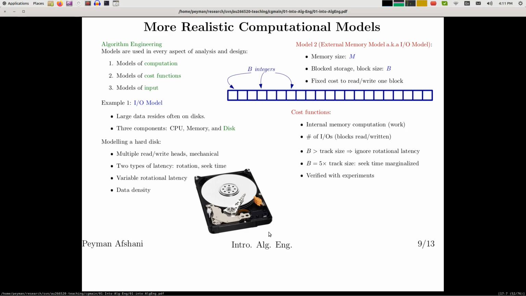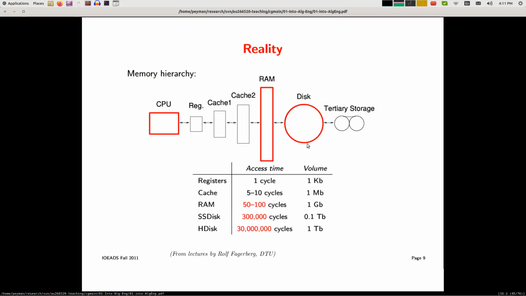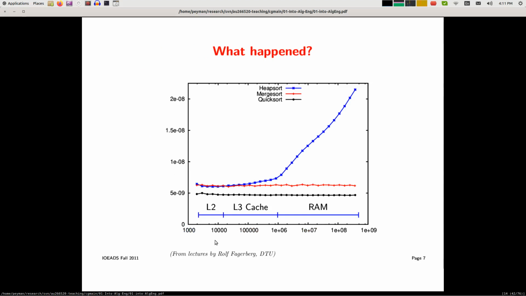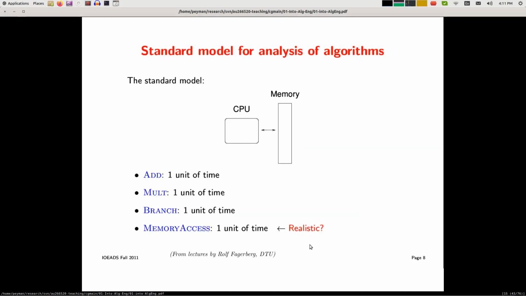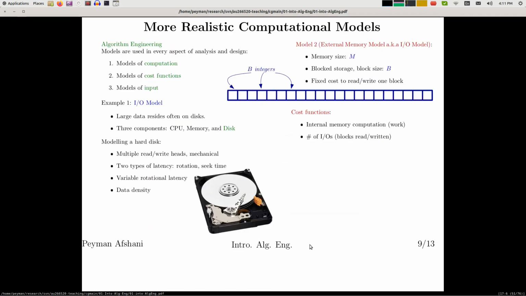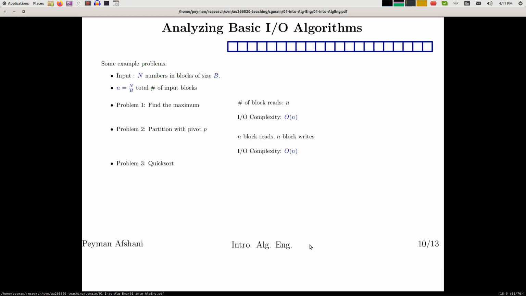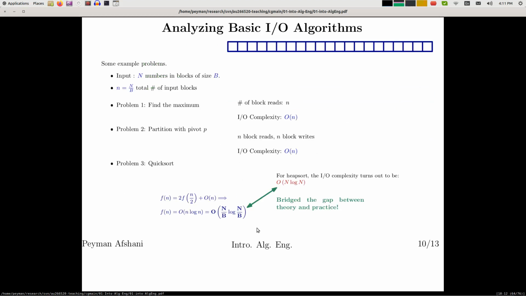So by just this simple model, this is model number 2, we managed to bridge a gap between theory and practice. Of course, this requires both theoretical justification and experimental justification, right? So experimental justification, for example, is like this. This is experimental justification. And again, if I slide much further ahead, this is a theoretical justification. And this is essentially what we could do in algorithm engineering.